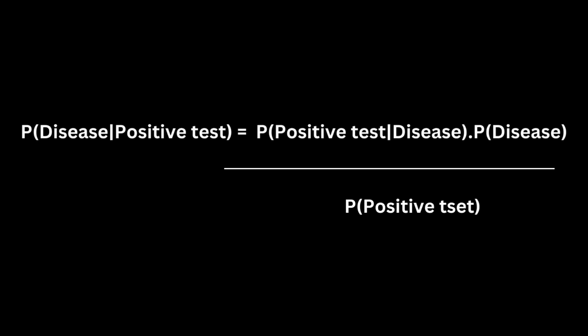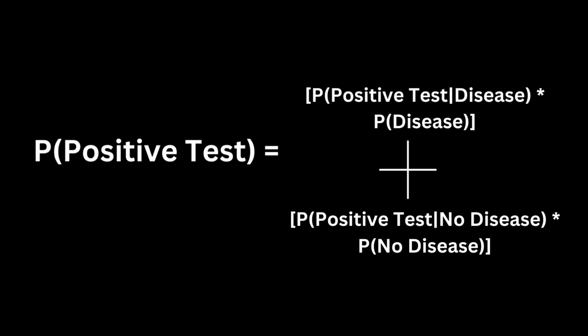Let's start with Bayes' rule. This is the formula for our condition. First we have to calculate the probability of a positive test, which is the total probability of getting a positive test result. Using this formula, you can calculate the total probability of getting a positive test result.